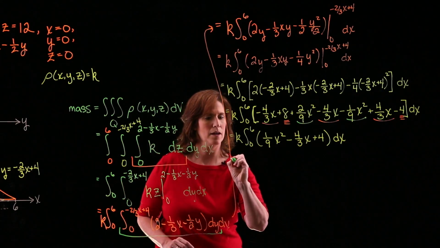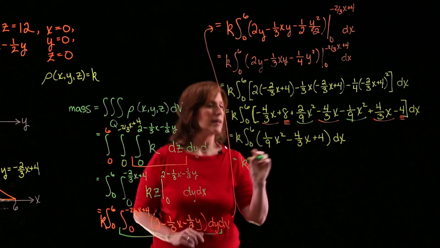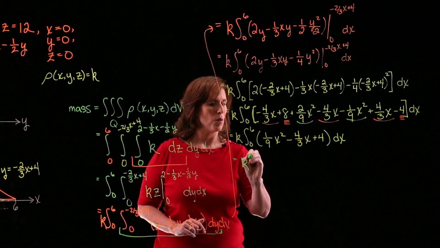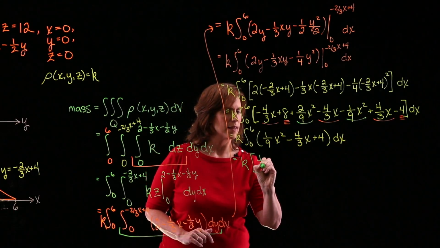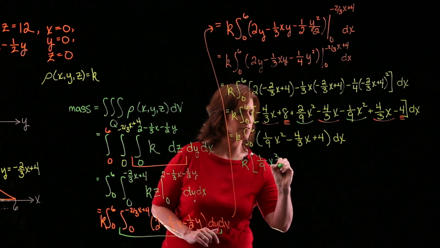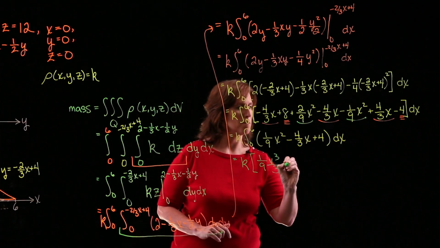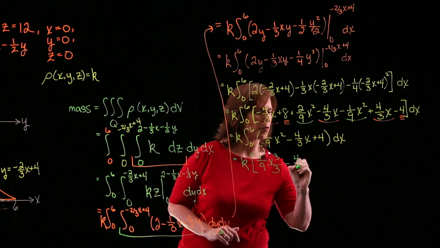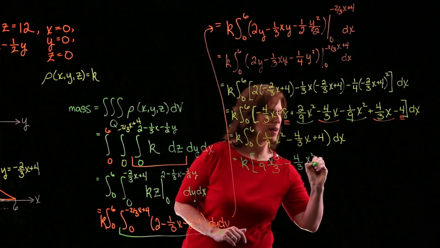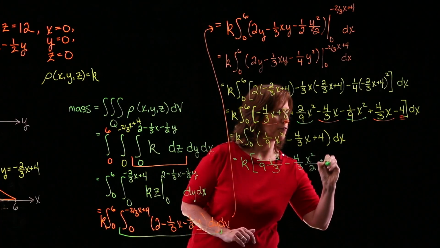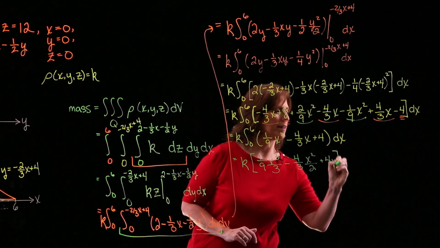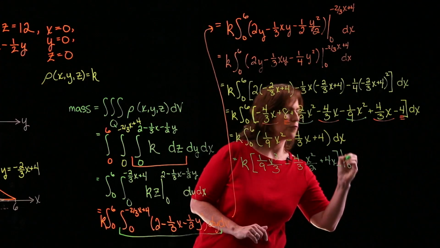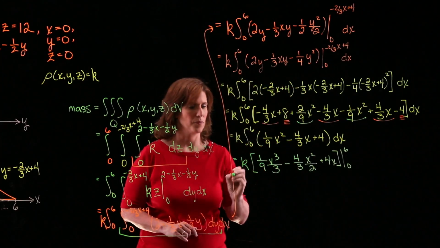So I have k times 1/9 x cubed divided by 3 minus 4/3 x squared divided by 2 plus 4x. And that will all be evaluated from 0 to 6.